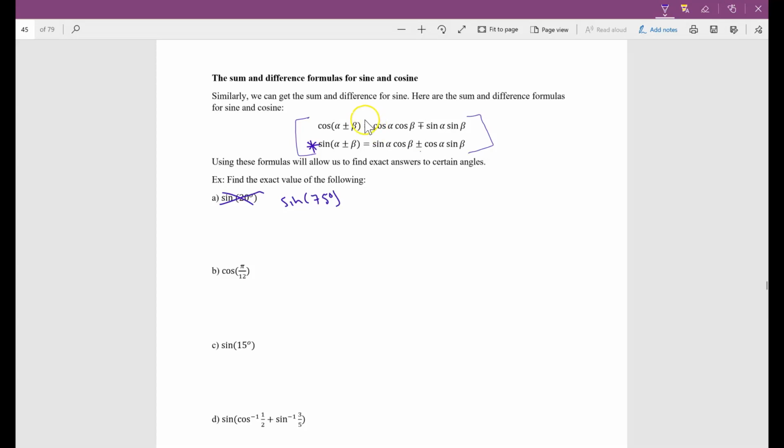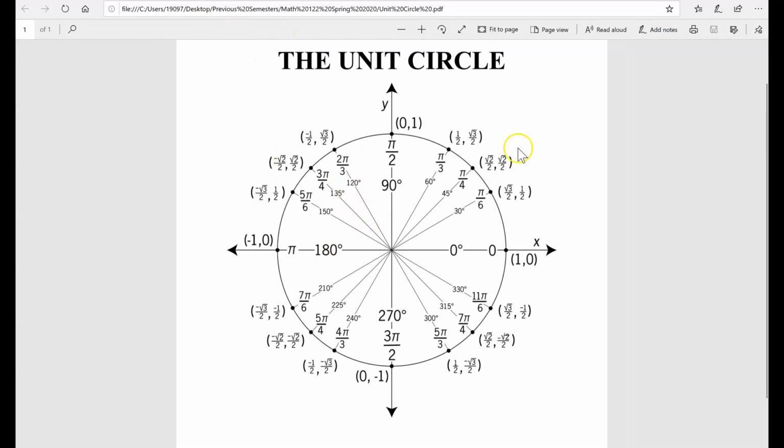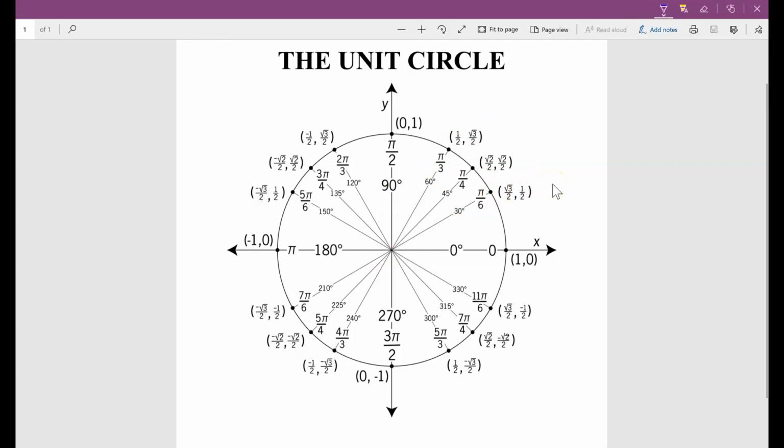So here is where you want to look at the unit circle. Here I have a copy of the unit circle, and since everything's in degrees, I want to look at everything in degree form. Basically, we want to look at combinations of the angles to figure out how I can get 75 degrees.